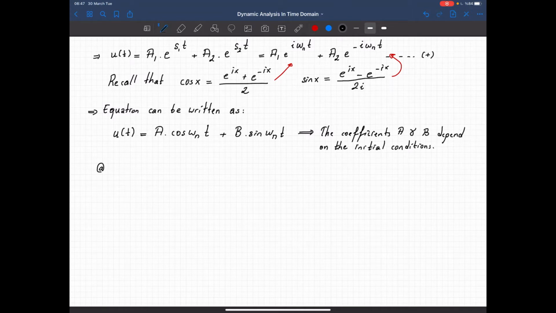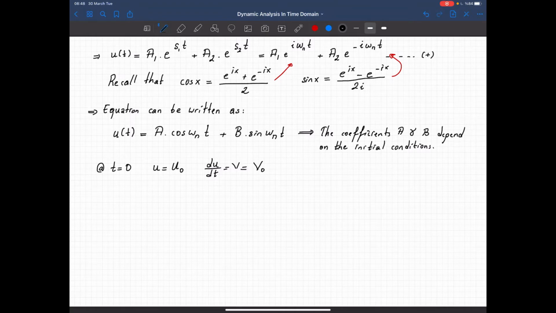So we are saying that at t is equal to 0, u is equal to u0, du over dt, which will give us the velocity, is equal to v0.